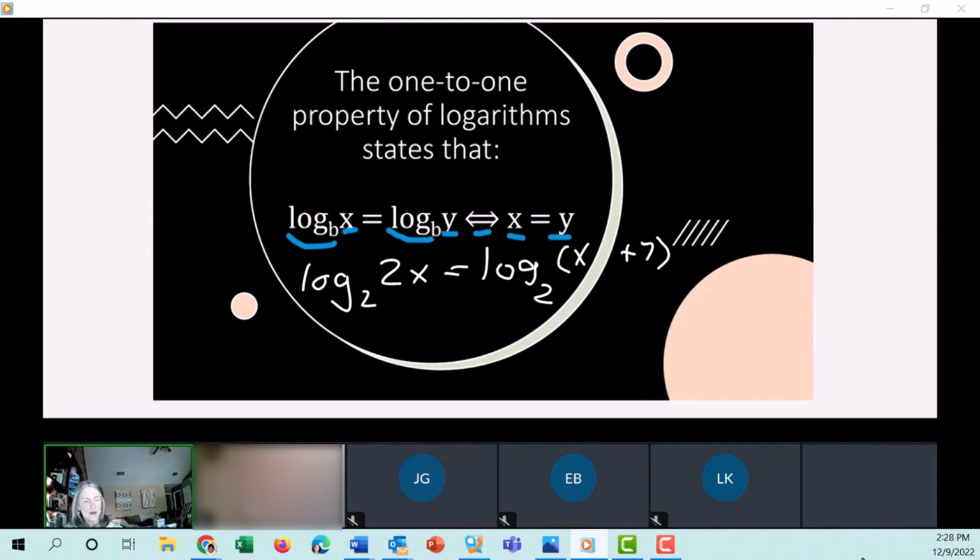All right, what's the equation that I can set up using the property of logarithms? Either on the mic or in the chat, type out the equation I can set up. So we basically cross this out, and what's the equation that's left?